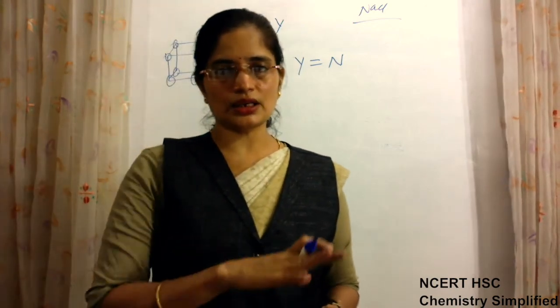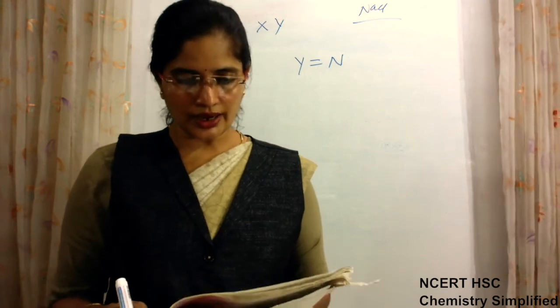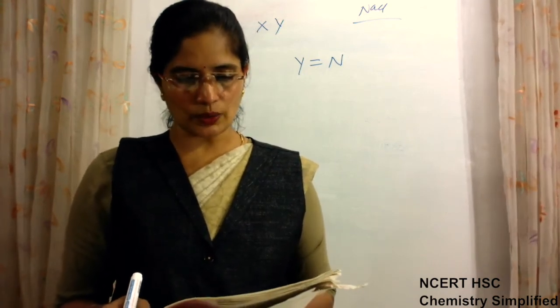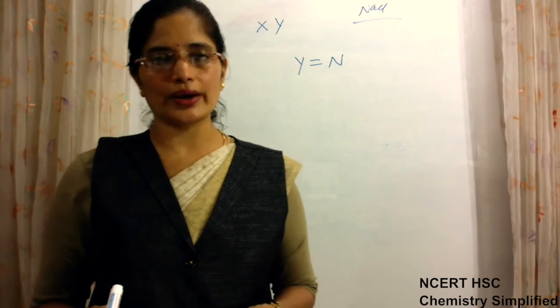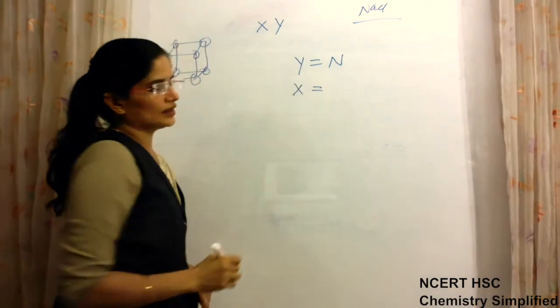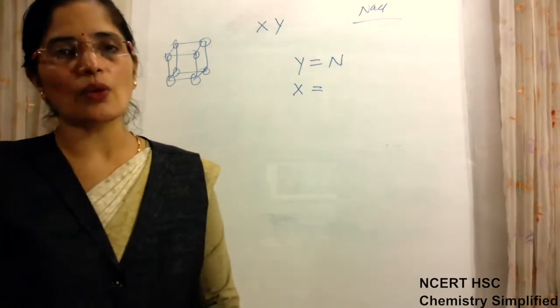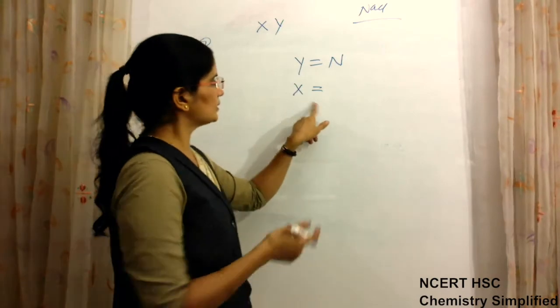Whatever particle is making the whole structure, that value we will write as n. And those of element X occupy all octahedral voids. That means how many particles of X are there? n.